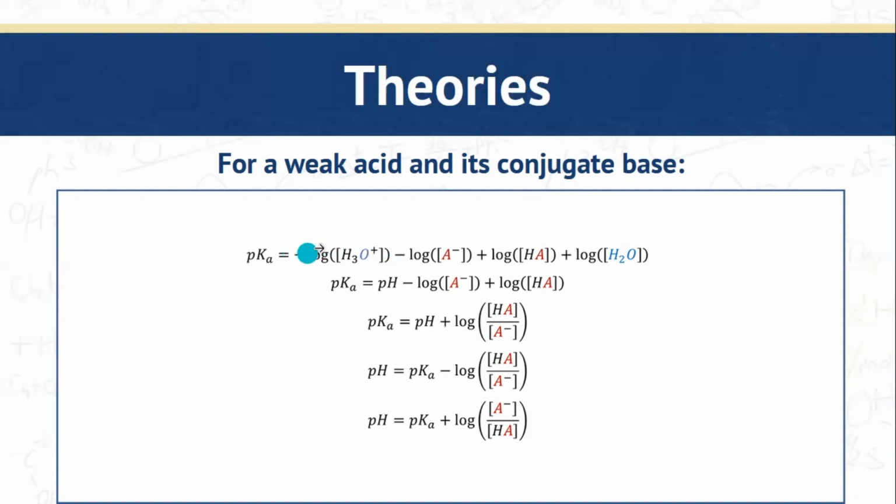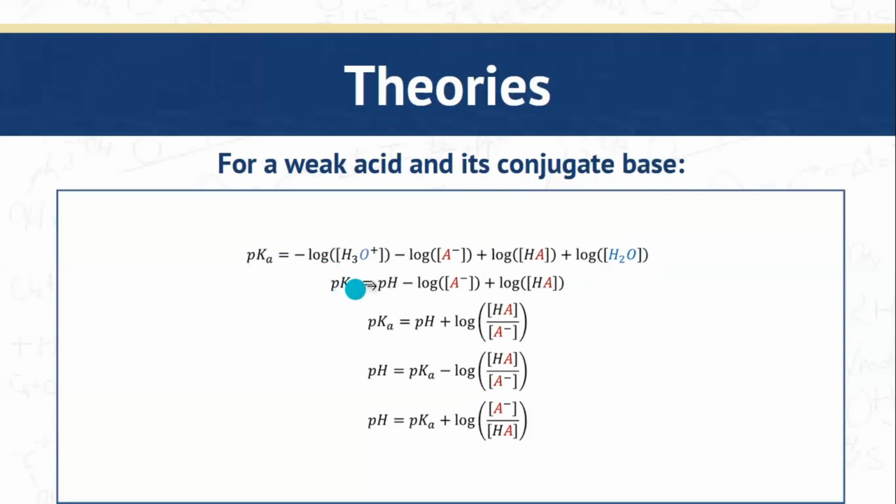And notice that the negative log of the concentration of the hydronium or the hydrogen proton is equal to the pH. Moreover, since the concentration of water in this case remains constant and doesn't change significantly in the system, we can take it off the equation.